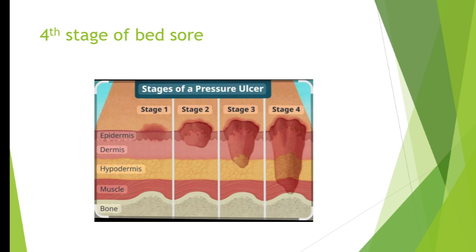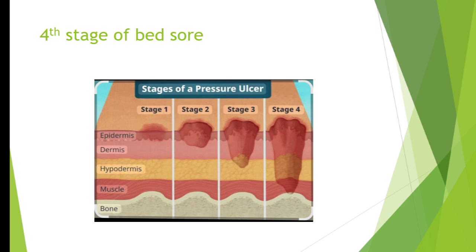Education and prevention are also very important for the patient's caregiver. Teach caregivers about repositioning and skin care: every 2 hours we can change the position of these patients, and encourage mobilization where possible. Encourage the patients to mobilize and do any activity from that area.